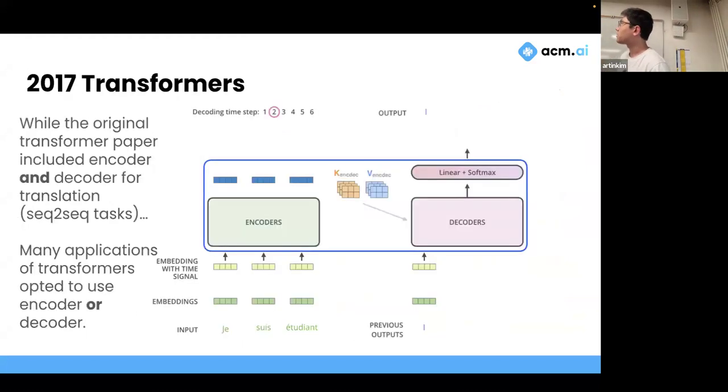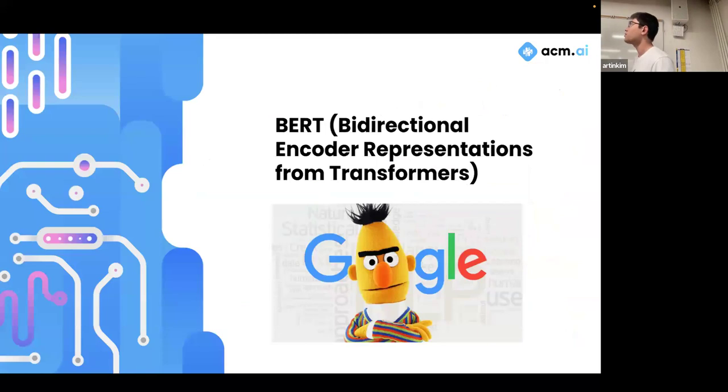But in practice, these days, a lot of times we just use an encoder or a decoder. We don't really opt for both. There are some papers using both, and you can't do generation with both. But the main idea is that we can just use an encoder or a decoder. I'll go over a popular encoder first, and then we'll go over decoders.